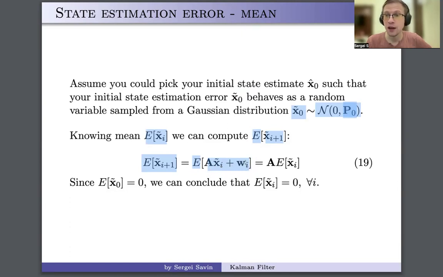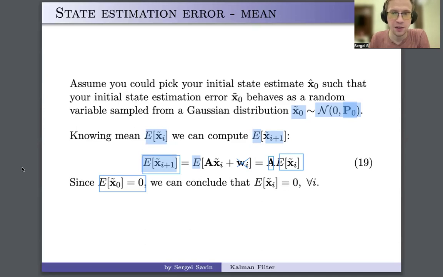But the mean of omega i is 0. So essentially the mean of x tilde i plus 1 is equal to A times the mean of x tilde i. But if the initial mean is 0, all subsequent means would also be 0, because all we do is multiply by A each time. But 0 times A is 0, no matter how many times you compute it. So the mean of the entire thing is going to be 0.